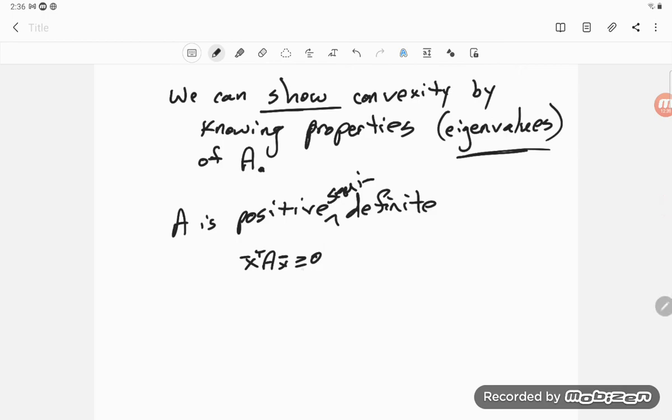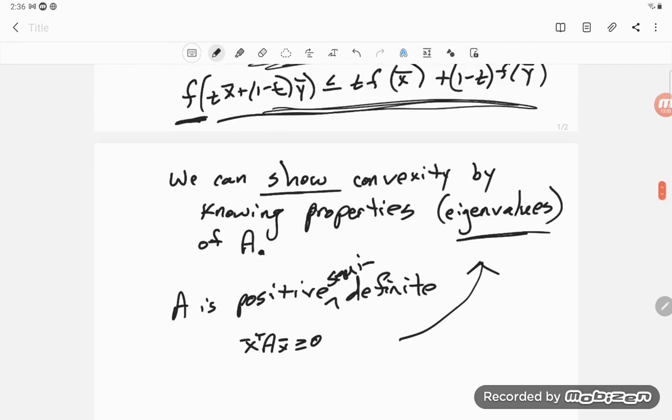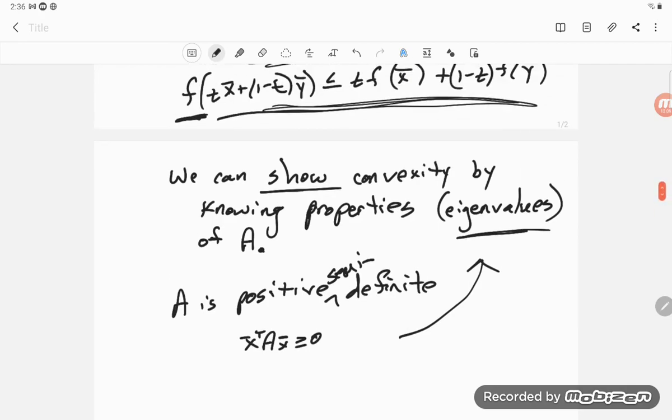So what you want to do, remembering that A is symmetric, is try to get at things about eigenvalues in order to relate these two ideas.